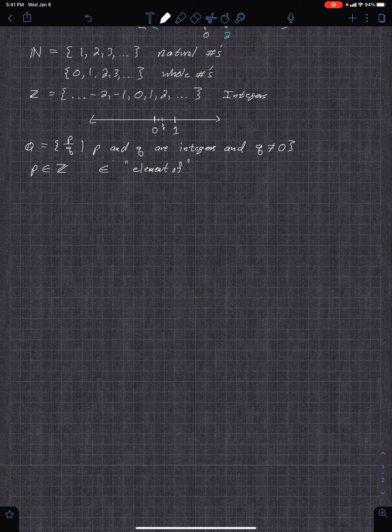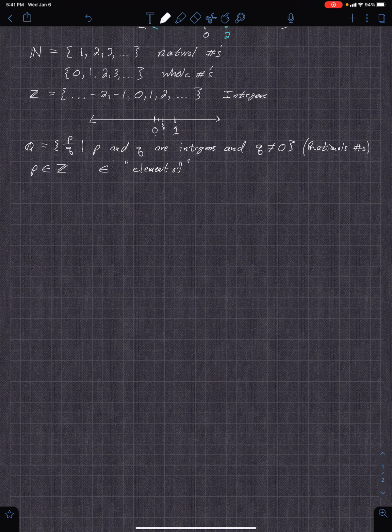So technically, you're saying P is an element of the set of integers. And I won't write that out, don't need to. But this is a statement, meaning it's a sentence that's either true or false, or you're stipulating that it has to be true. Okay, these are rationals. Rational numbers.